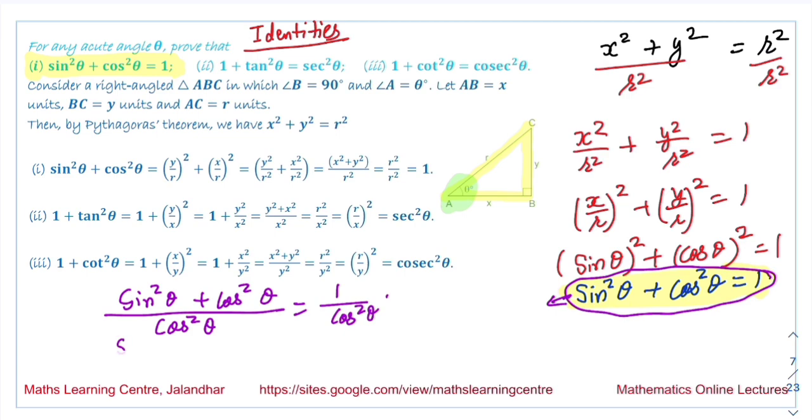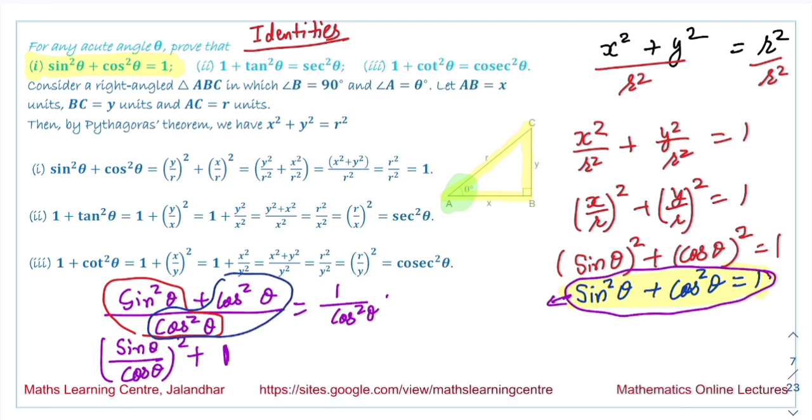We separate these terms: we get sine theta over cos theta whole square plus cos square theta over cos square theta, that will become 1. We are separating the denominator over here. Once we have separated these terms, the answer we are getting is 1 over cos square theta.